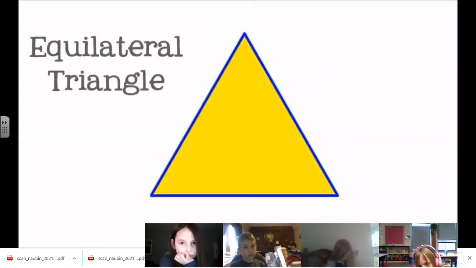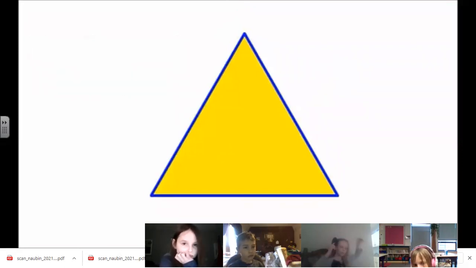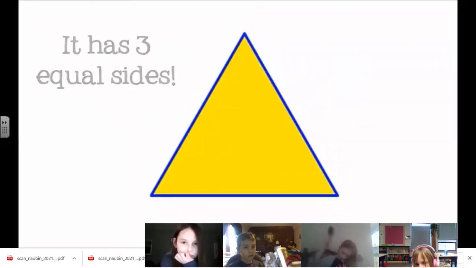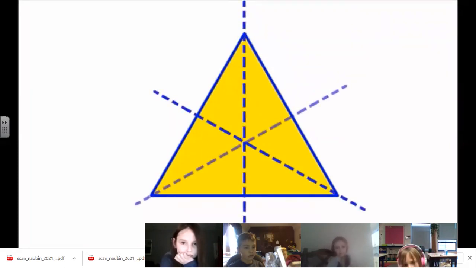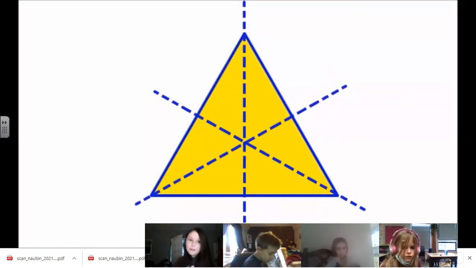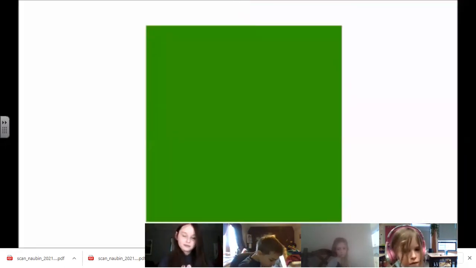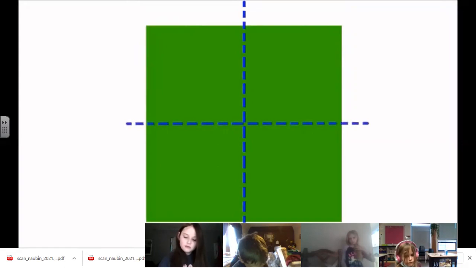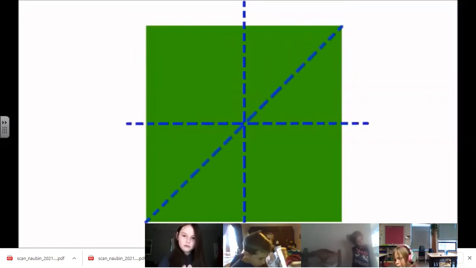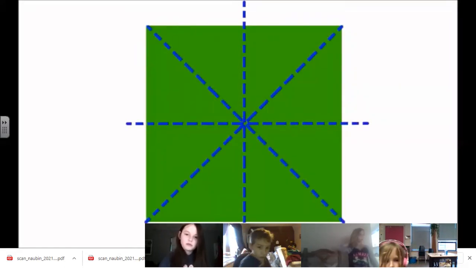This triangle, on the other hand, has three lines of symmetry. You could fold it here, here, or here, and each time the halves would be the same. A square has four lines of symmetry. You could divide it in half from left to right, top to bottom, or from corner to corner either way.